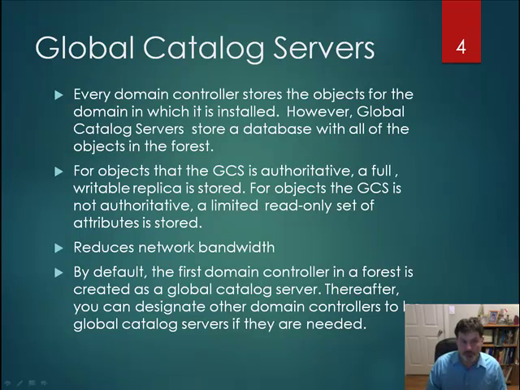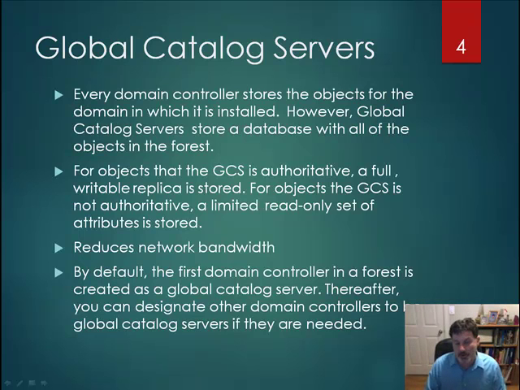The main purpose behind setting up a global catalog server is to reduce the network bandwidth and to improve the efficiency on the domain. Resources on the domain are going to be trying to locate other resources on the domain, and without global catalog servers, they're going to have to reach out and touch multiple servers to find the correct server that's responsible for maintaining and pointing to the resources it manages.